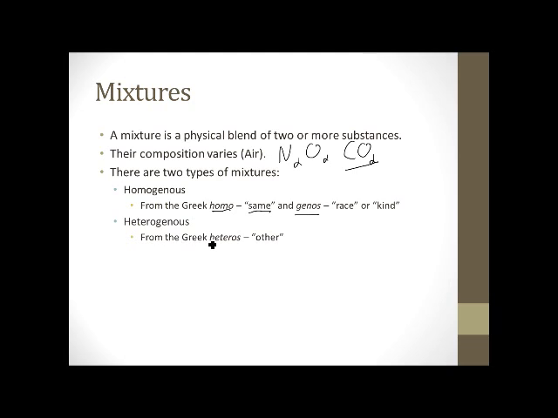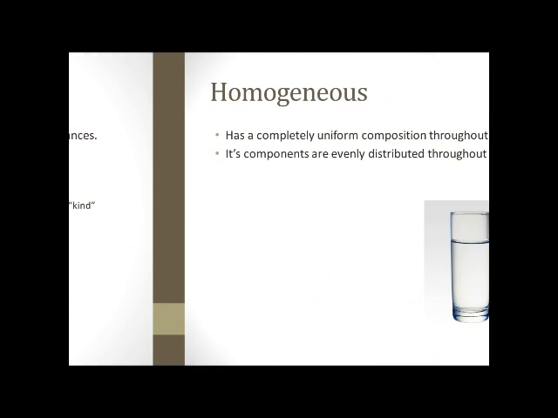Heterogeneous is from the Greek word heteros, other, and genos, kind. So heterogeneous would be other kind, or more than one kind of thing in your mixture. Right? These are very important terms you're going to have to memorize, but we're going to talk about some examples that will hopefully help them stick.